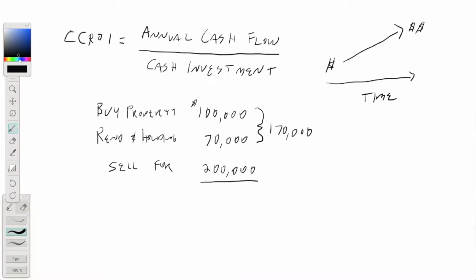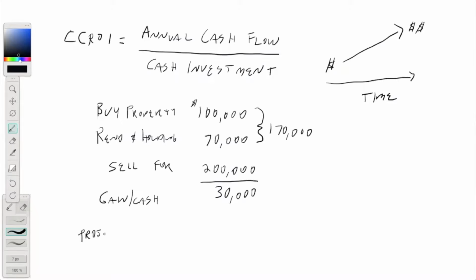And let's say you did this within a year's time. This will keep us within the annual cash flow version of cash on cash ROI. This means you sold it for $200,000, you put in $170,000. This means your profit, or your cash earned, or your gain in cash earned in that project is $30,000. Looking at this example, let's compute what our project return is.